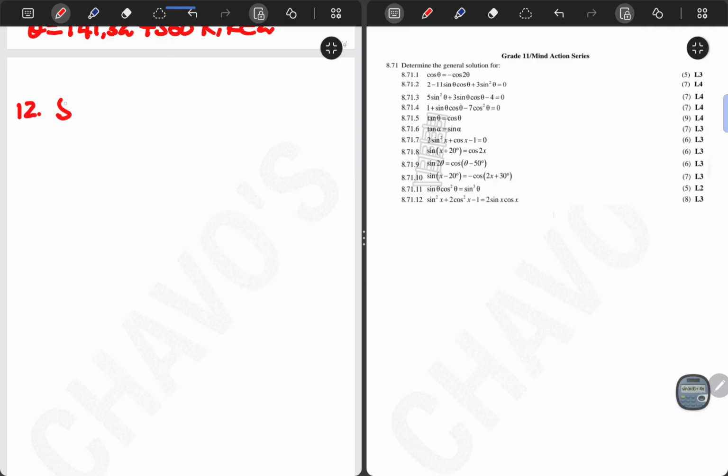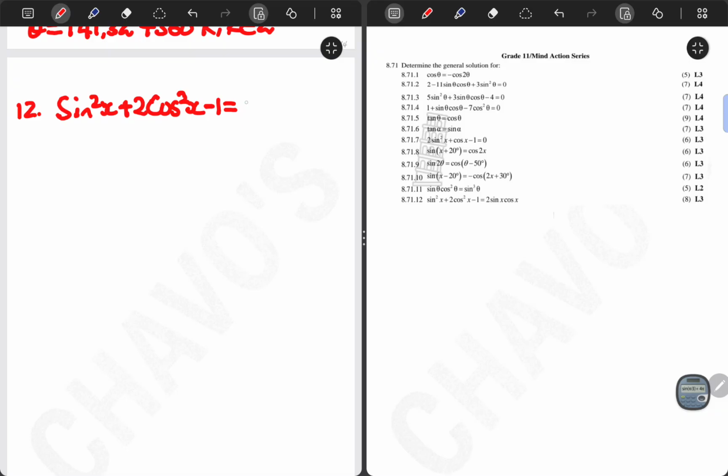We've got sine square x plus 2 cos square x minus 1. Should be easy. And that's for 8 marks.